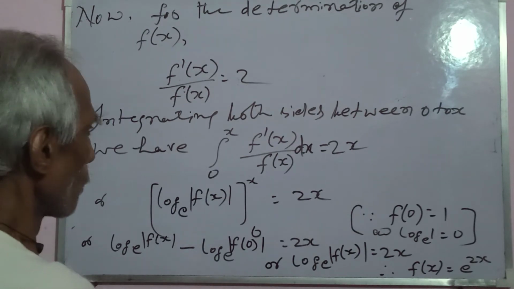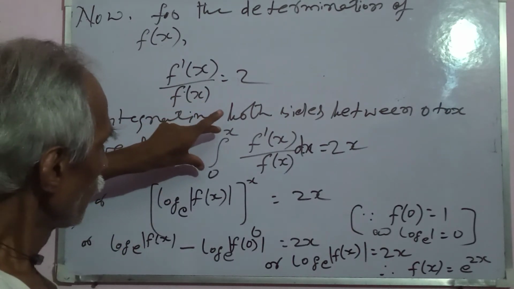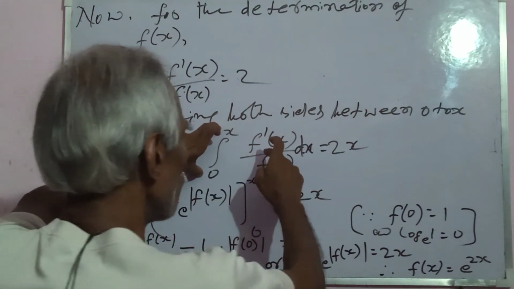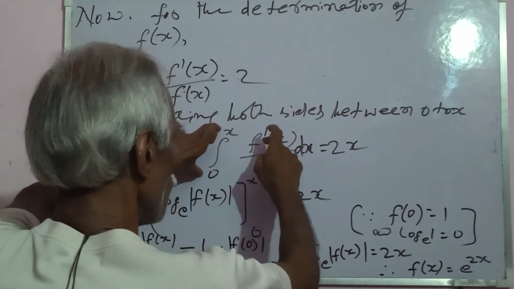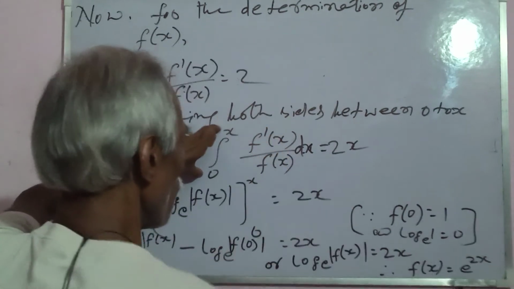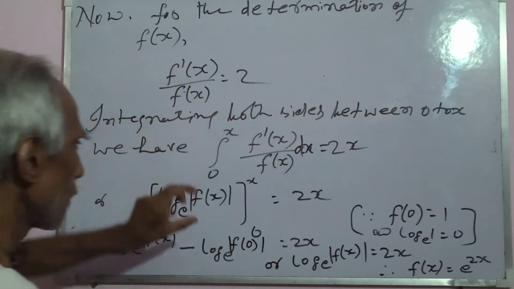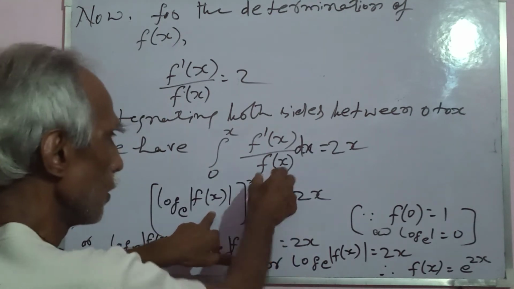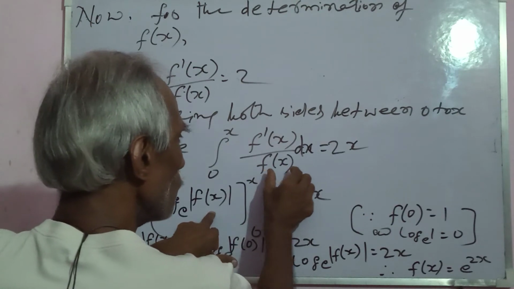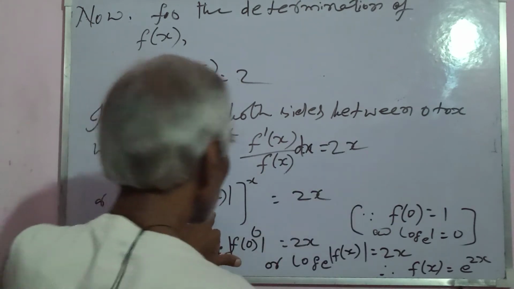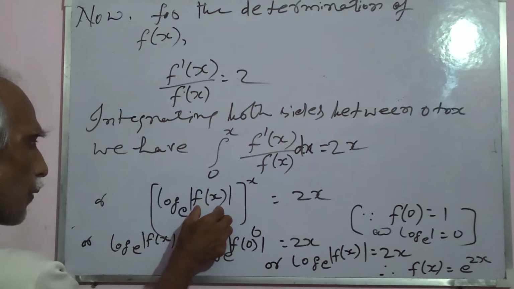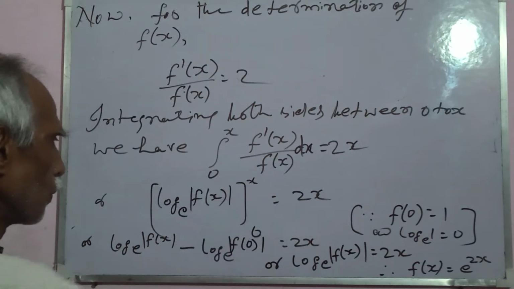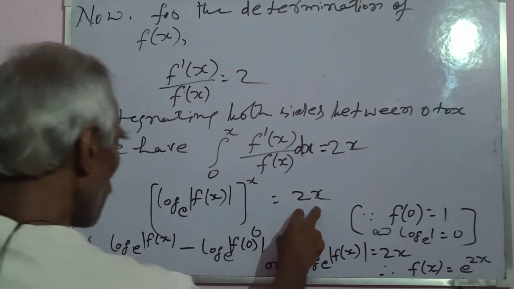Now first stop this limit and write the integral of 1/t dt, that is log t. Now put the value of t as f(x), because I told you for f(x) put t. So for t, write here f(x), and now use the limits, upper limit x and lower limit 0, equal to 2x.